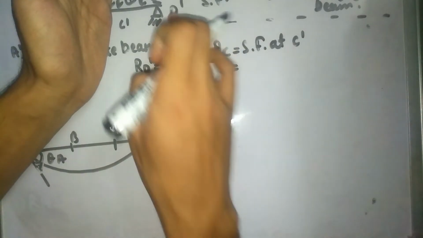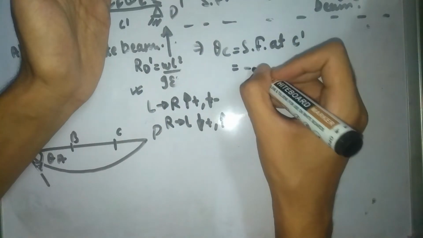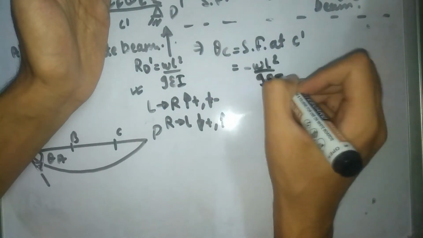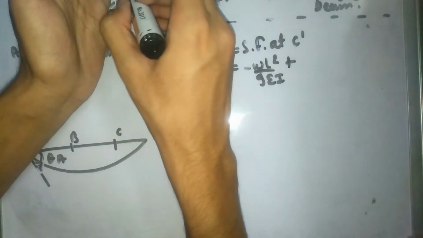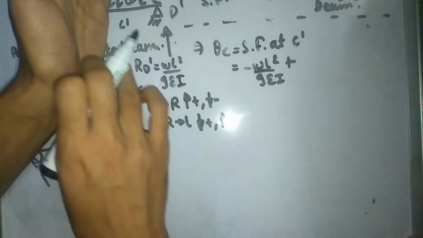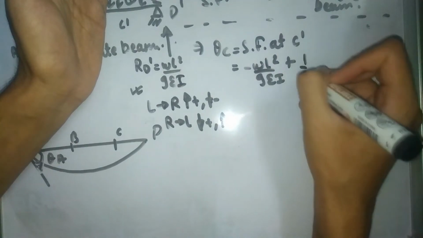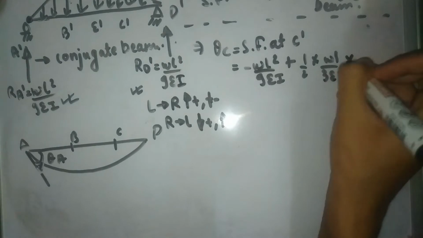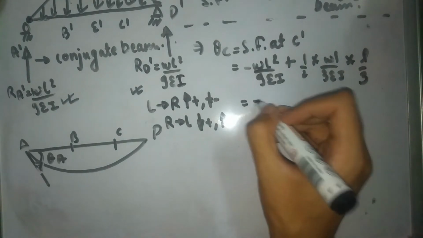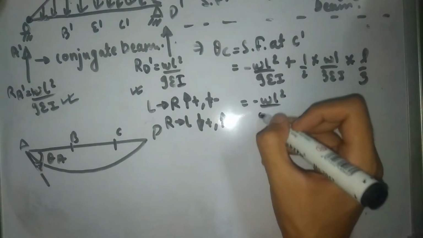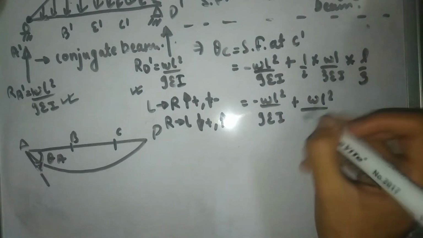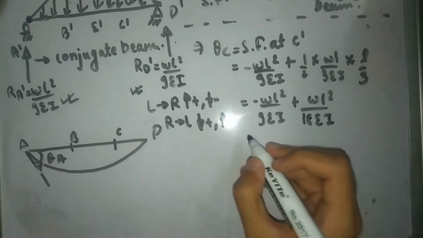So the upward force is going to be taken as negative. So RD dash, which means minus WL square by 9 EI, plus, since this UVL is acting downward, 1 by 2 into WL by 3 EI. This base is L by 3, so it's going to be minus WL square by 9 EI plus WL square by 18 EI.